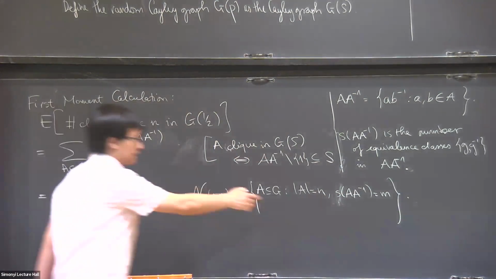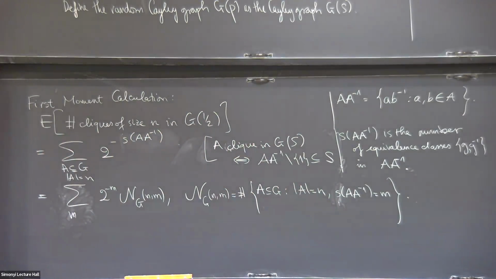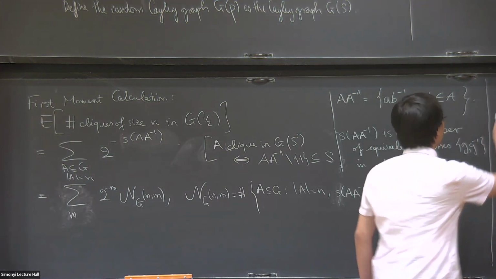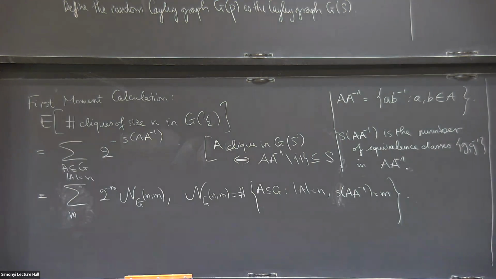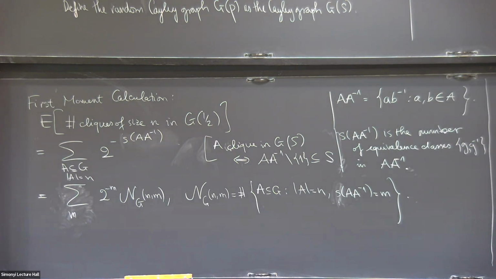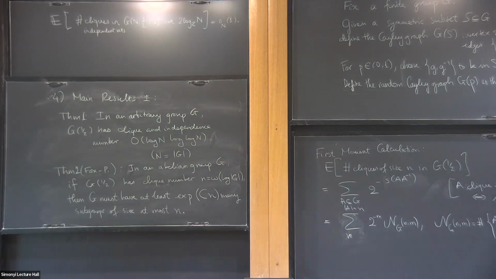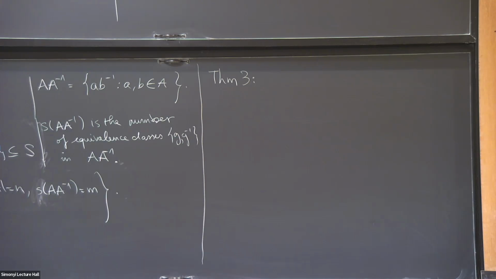Up to a factor of 2, s of A times A inverse is just the size of the product set A times A inverse. So this reduces our main task to the following theorem, the main technical theorem towards the upper bound on the clique and independence number.